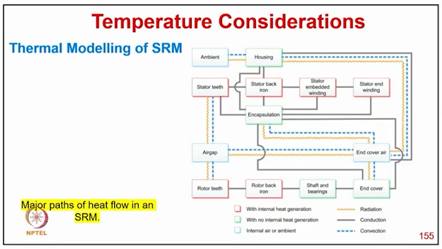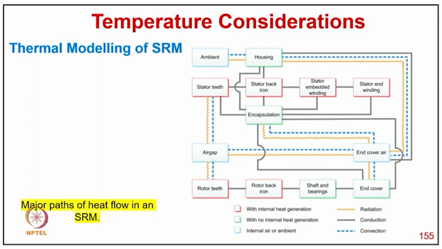Now you can see the thermal modeling and the major parts of heat flow in the machine. Coming from ambient, it goes to the housing, and the losses are there in different parts like air, through radiation, conduction and convection. All three have different symbols with different colors.